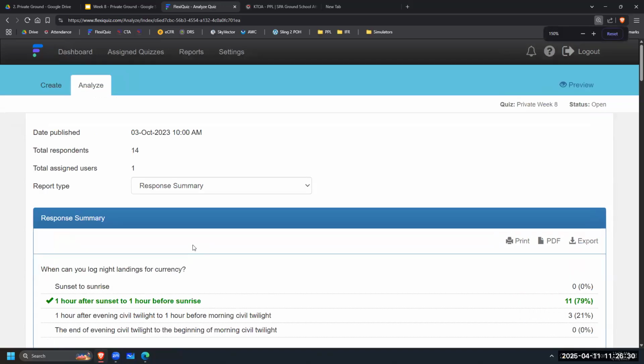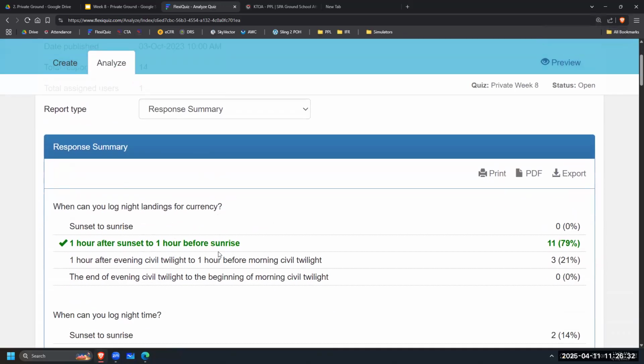When can you log nighttime landing currency? One hour after sunset to one hour before sunrise. That is absolutely correct. So there's a difference between that and the sense of nighttime. There are three operations that happen at nighttime, really.